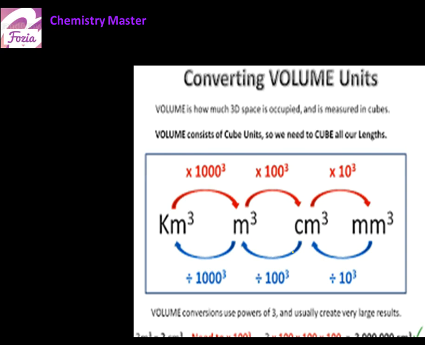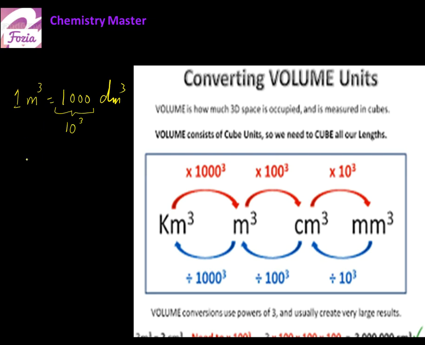So just remember that the most commonly used unit for measuring volume is centimeter cubed. 1 meter cubed is equal to 1000 decimeter cubed. This 1000 means 10 raised to the power 3, so you have to remember the relationship.